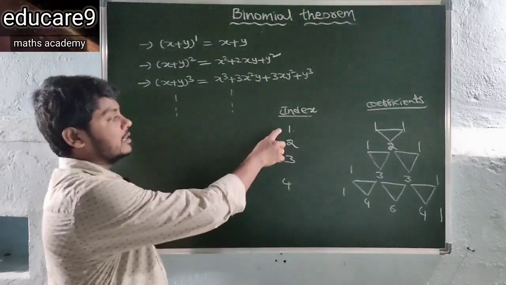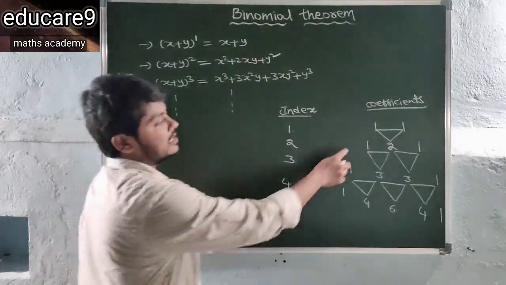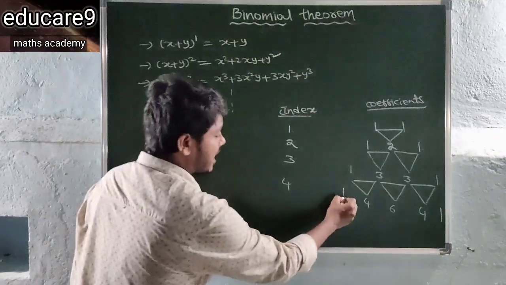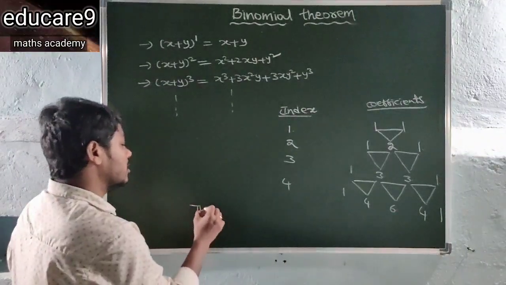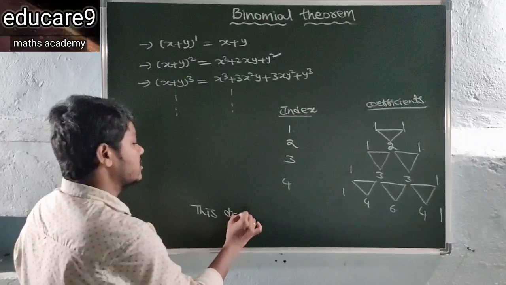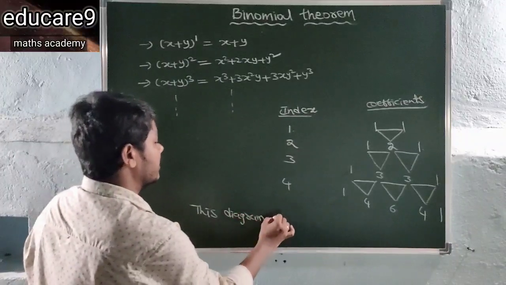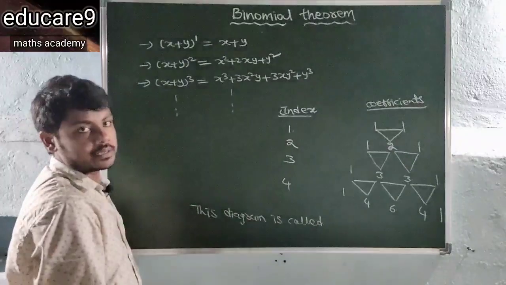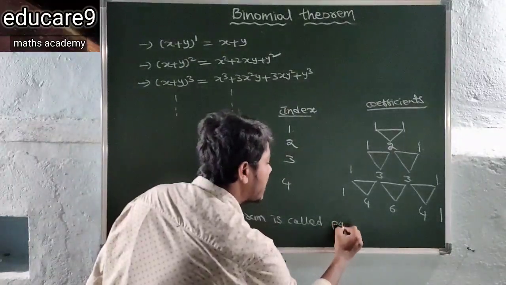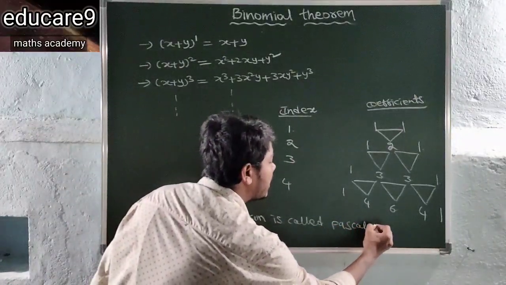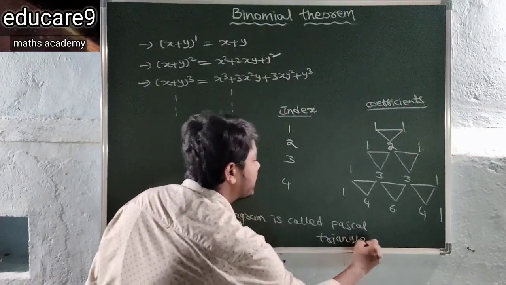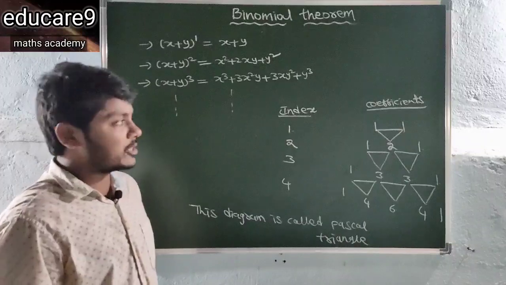So clearly these are the index and these are the coefficients. Okay. So clearly this diagram is called Pascal triangle. Okay. So clear once you observe this diagram.